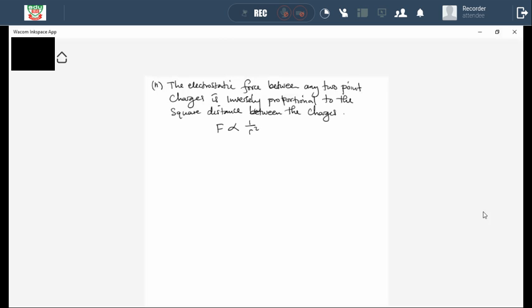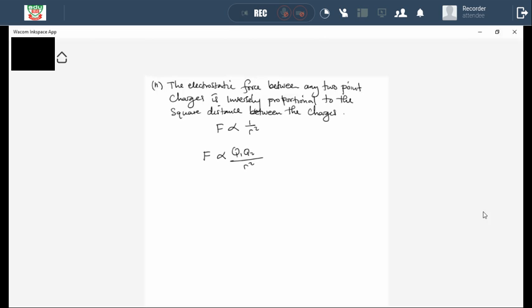Putting the two relationships together, F is directly proportional to charge 1 multiplied by charge 2 and inversely proportional to the squared distance.